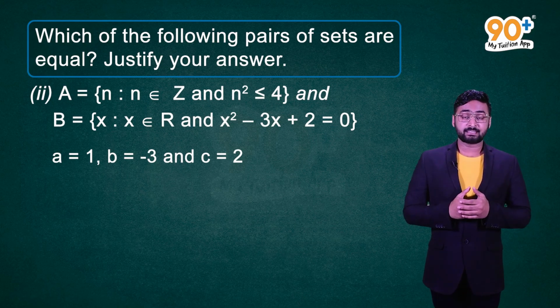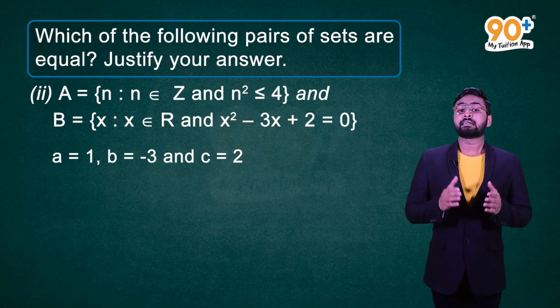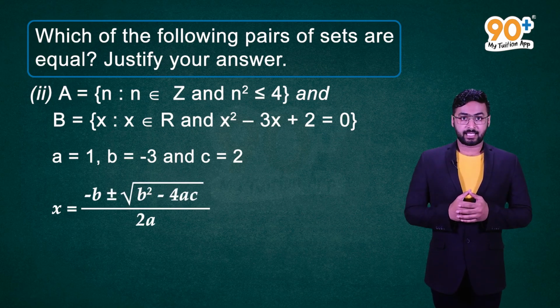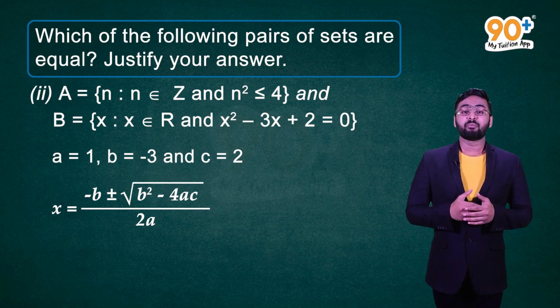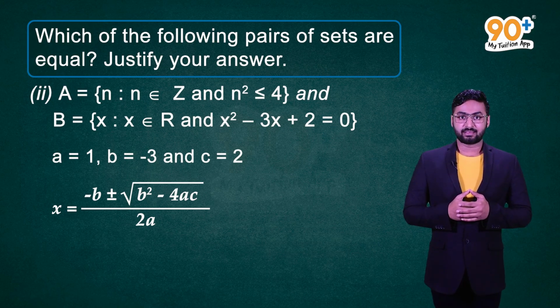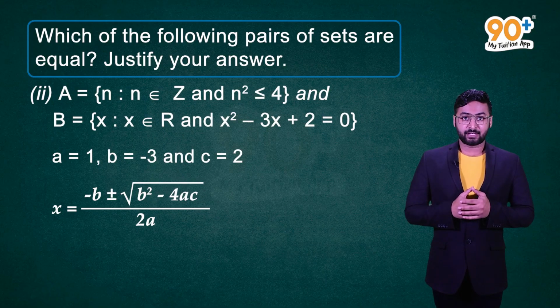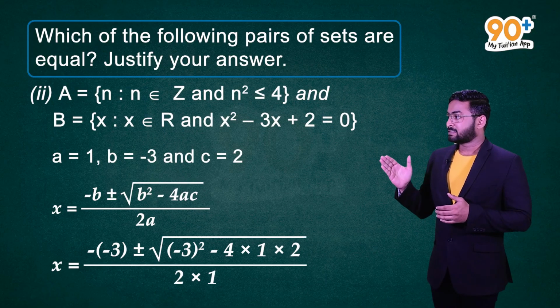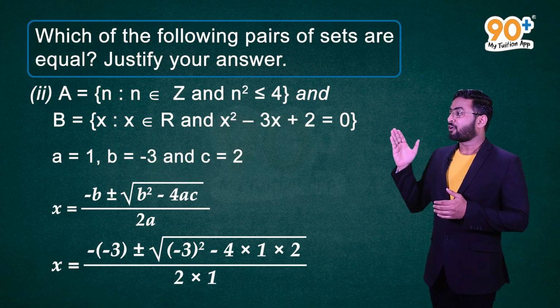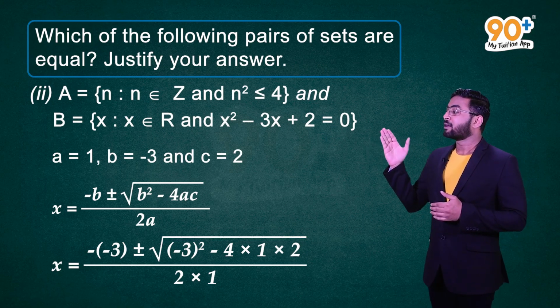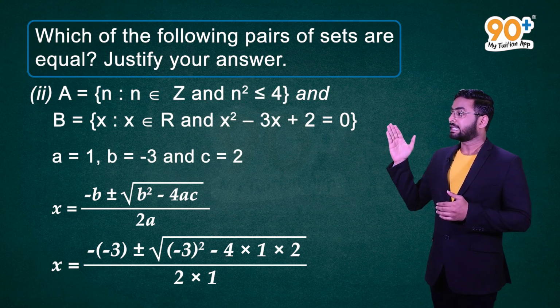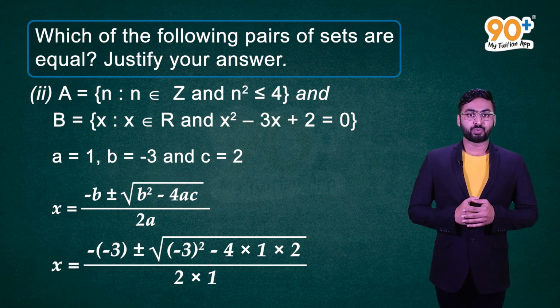So we can solve this using the quadratic formula. That is, x is equal to minus b plus or minus root of b square minus 4ac by 2a. On substituting the values, we get x is equal to minus of -3 plus or minus root of (-3) square minus 4 into 1 into 2 by 2 into 1.